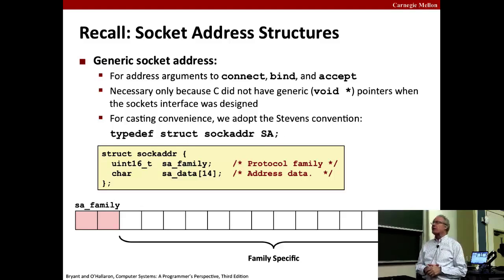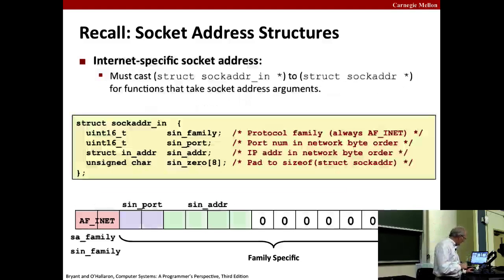This is how it's done in C. It's done by casting. The generic socket address only needs to know a 2-byte field at the front that specifies what kind of socket this is. And in particular, we'll be looking at what's called a sockaddr_in, which is the IPv4 version of a socket.